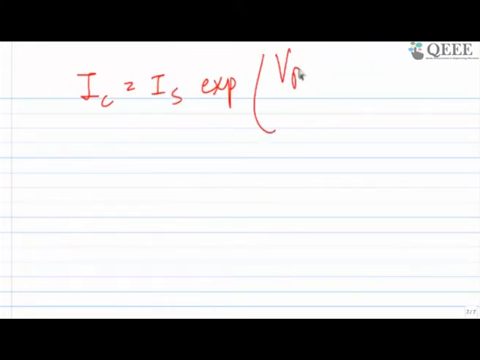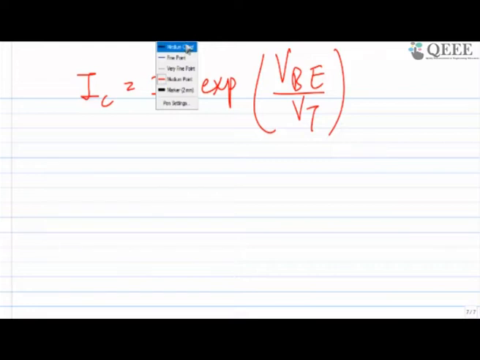And as we agree, in the earlier case the collector current was this one, which does not have any VCE component, but by adding the realistic model we get one more term, which is VCE by VA.